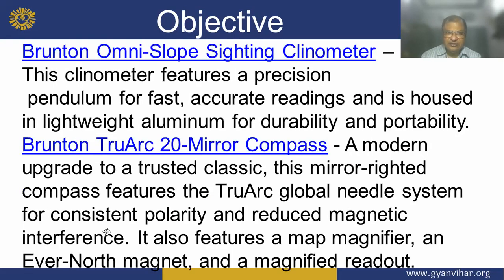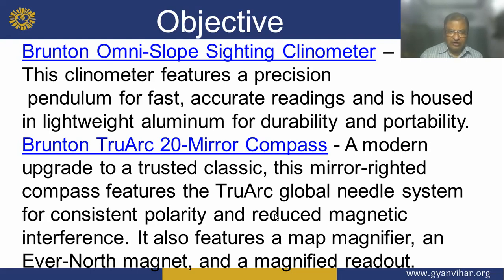Next, the Brunton Omni-Slope Sighting Clinometer. In my last chapter, you read about the clinometer. This is an advanced clinometer. This clinometer features a precision pendulum for fast, accurate reading and is housed in lightweight aluminum for durability and portability.